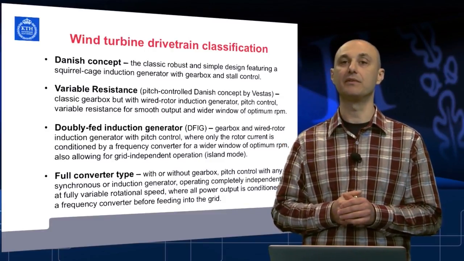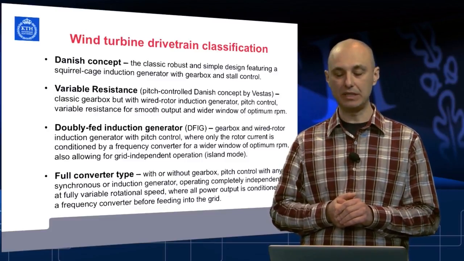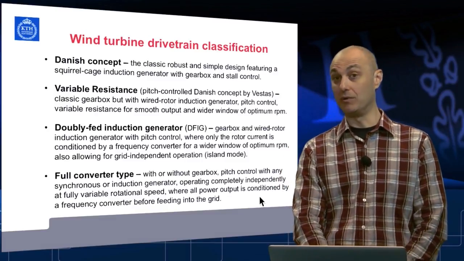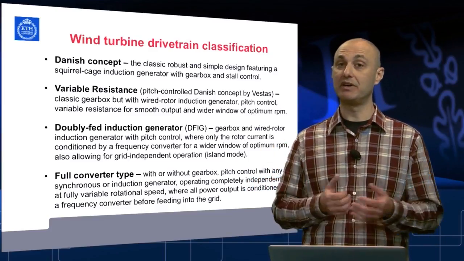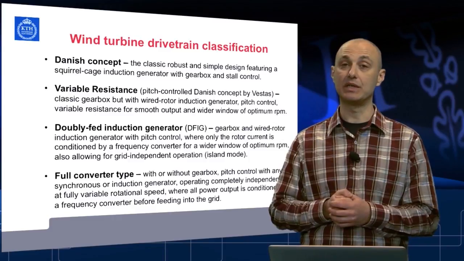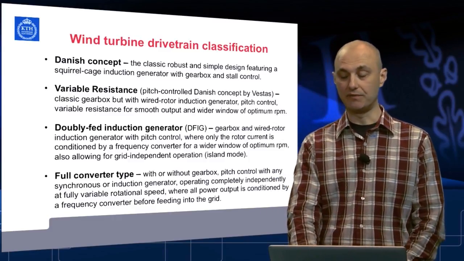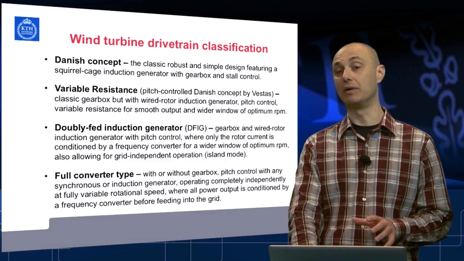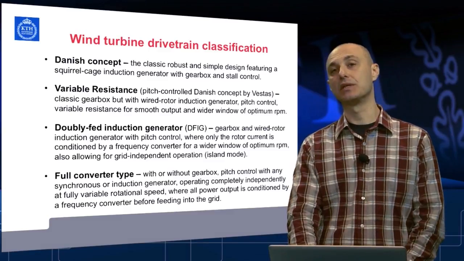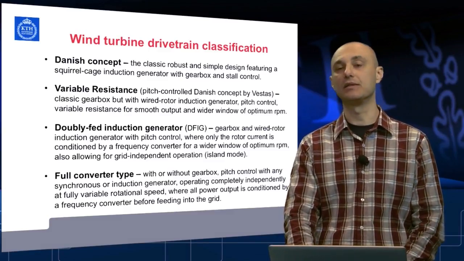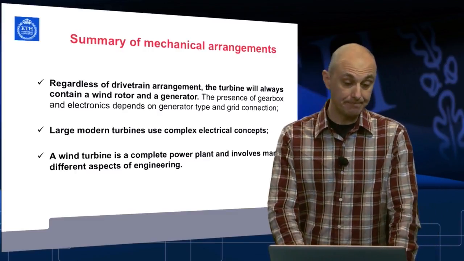Very effective, optimum design, nice performance machine, and all the power coming out from the generator at varying voltage, because of the variable operation and the synchronous generator usually used, needs to be conditioned going through a frequency converter. All the power. So it is a naturally indirect connection to the grid where all the power is handled by a frequency converter. Quick summary.